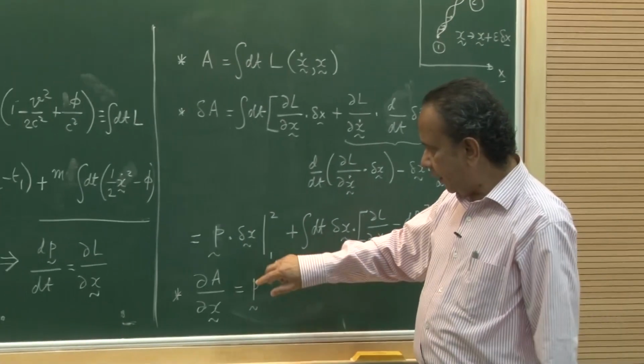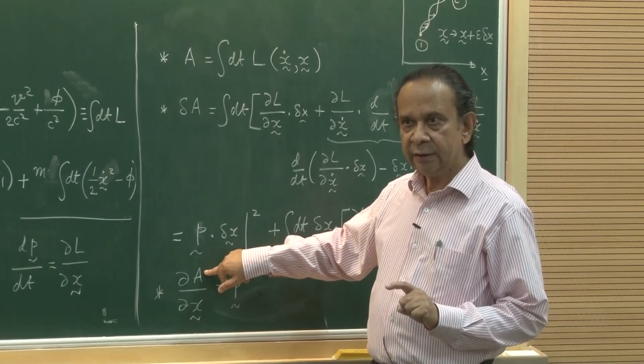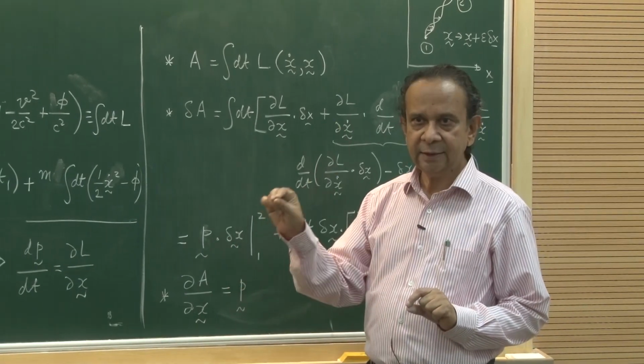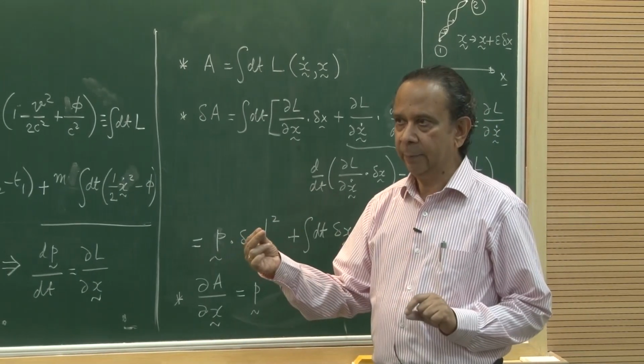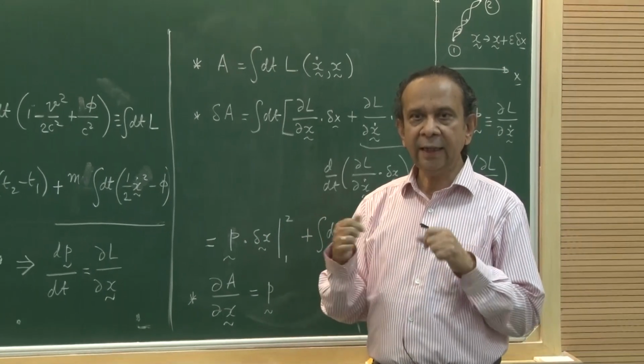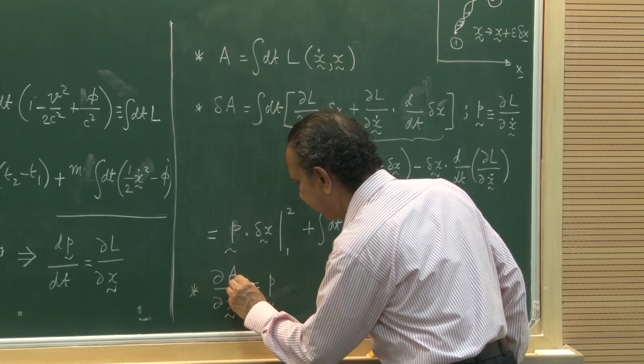This arises when A is not treated as a functional here, A is treated purely as a function of the endpoints when that A is computed along the classical path. So, if you calculate the A along the classical path, to be very precise I can even put a C here.